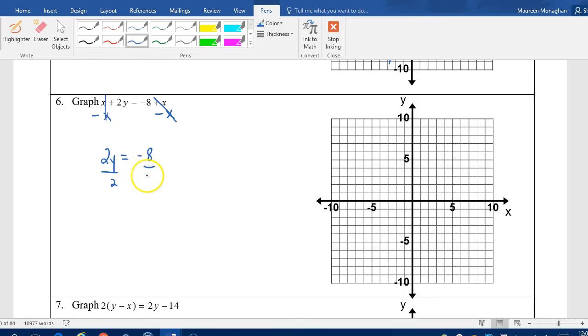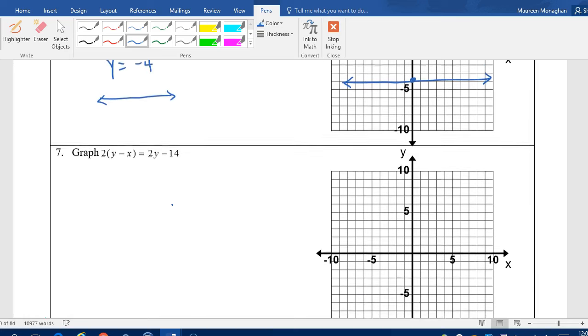Got to get y by itself. Y equals negative 4. This looks familiar. What does it mean? That's right, it's a horizontal line through negative 4. When you have one variable, you're going to have either horizontal or vertical.